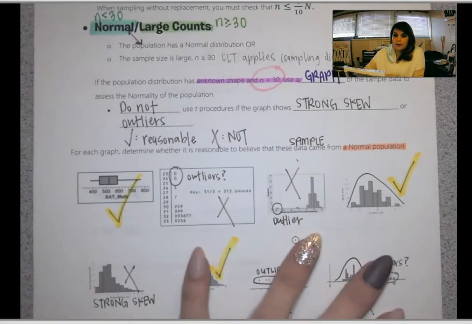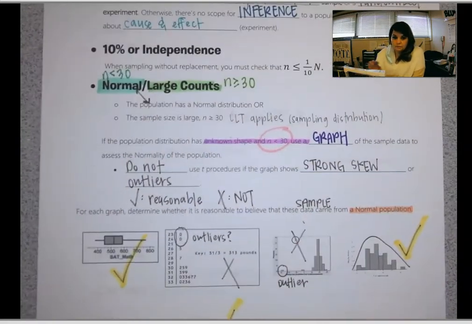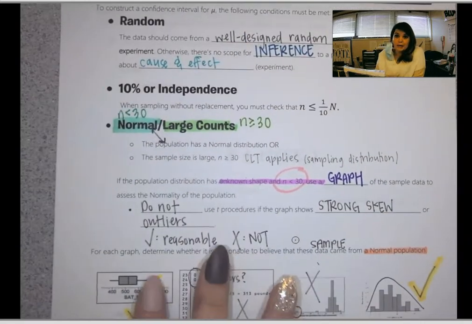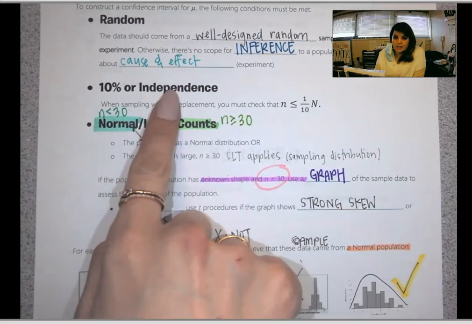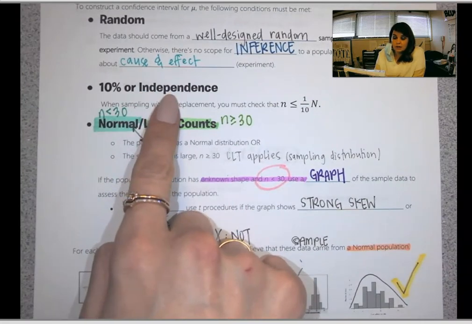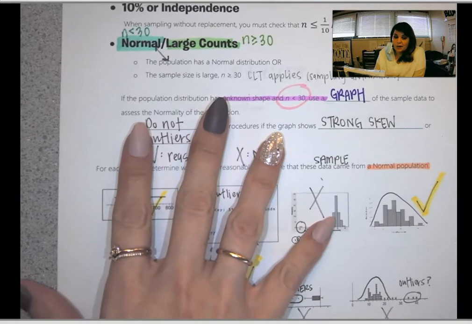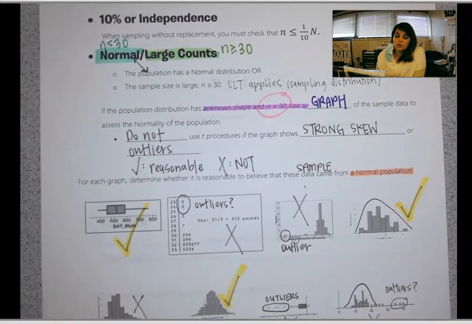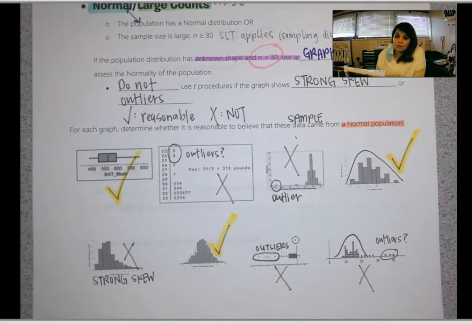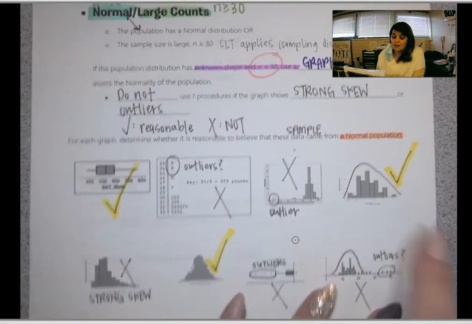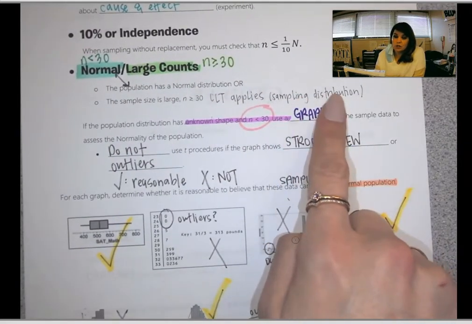So to zoom out and revisit, well, I can't really zoom out. Sorry about that. We're checking three things. Random and 10% condition, we're used to. We've done it a bunch at this point. But now, whether or not we can use a normal distribution becomes a much more complicated affair because we need to be able to determine either that the population was normal or that my sample size is big enough that the sampling distribution is normal.